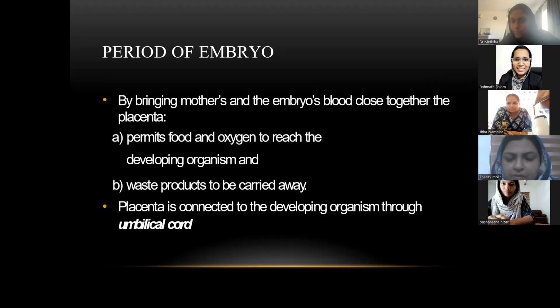So after we eat, our oxygen and our food pass through this connected wall. And the waste products from the baby are carried out the same way. So there is an exchange of waste products and intake of food and oxygen to the baby.